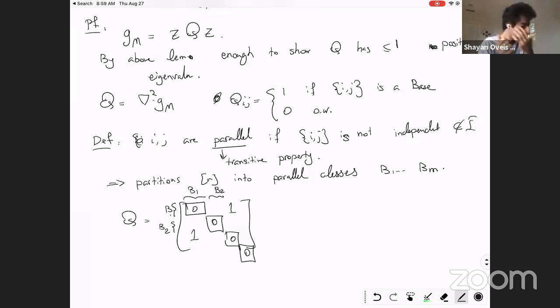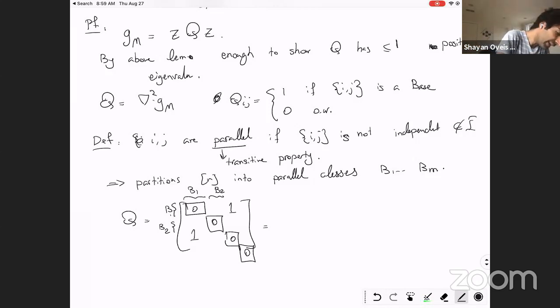So how would you prove this? There are many ways to prove this, in fact. One way to see it is that this matrix is the adjacency matrix of a complete bipartite graph, and any complete bipartite graph has an adjacency matrix with basically one positive eigenvalue.